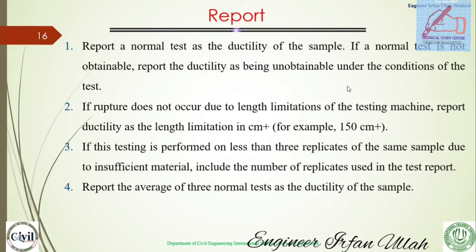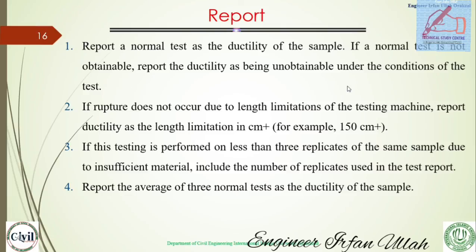Means if your test machine limit is 150 centimeters and you pulled the sample to 150 centimeters but it did not break, you will report 150 centimeters plus and that rupture does not occur.